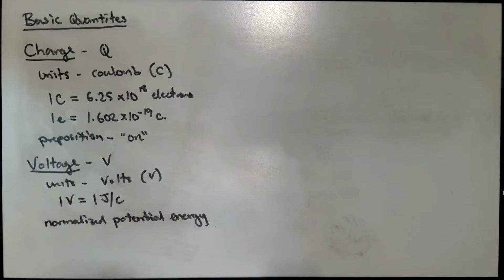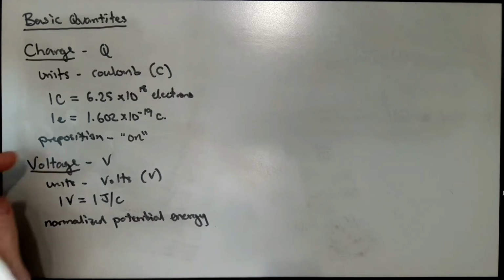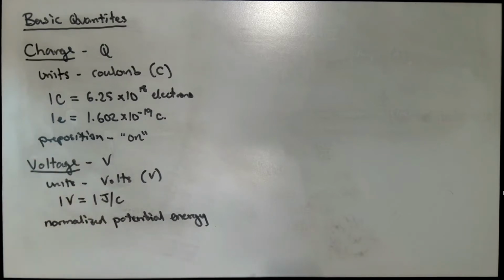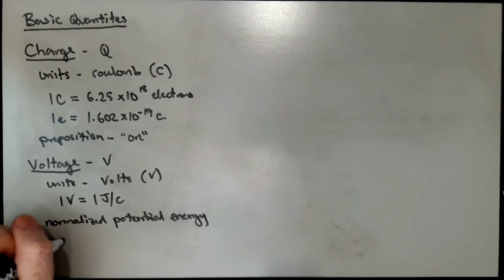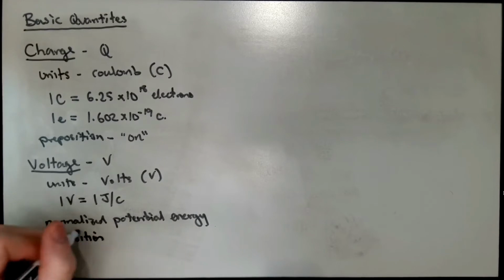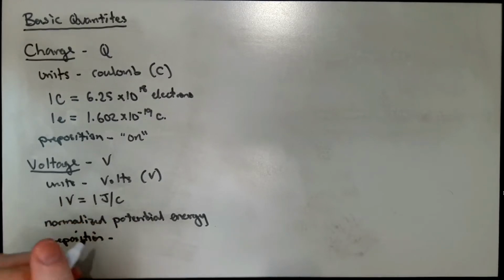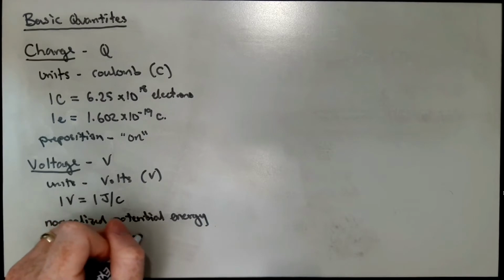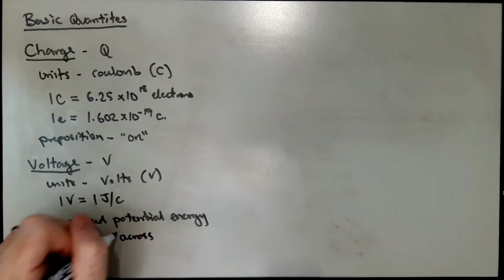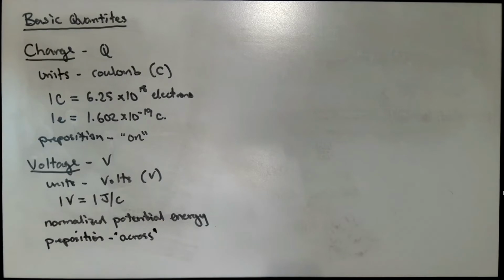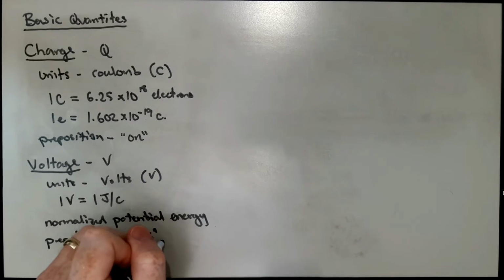And in a similar way, the electrostatic potential, or the voltage between 2 points, is the amount of work that it takes to move a unit amount of charge from point A to point B. And the preposition associated with voltage will be across. So the voltage across some element in the circuit, or sometimes maybe between 2 points.